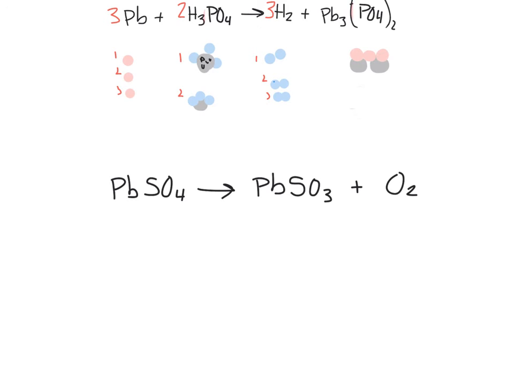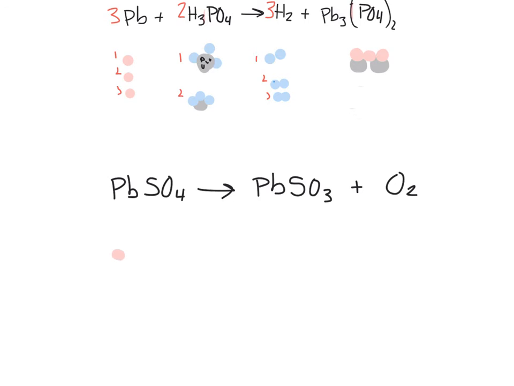That's what I find with a lot of balancing problems. Sometimes it just takes a bit of persistence. So in this case, our polyatomic ions, which are our sulfate and our sulfite, are different. They're not the same. So they cannot be treated as the same. They have to be treated differently.